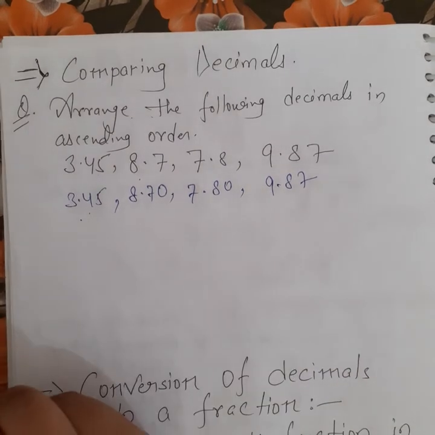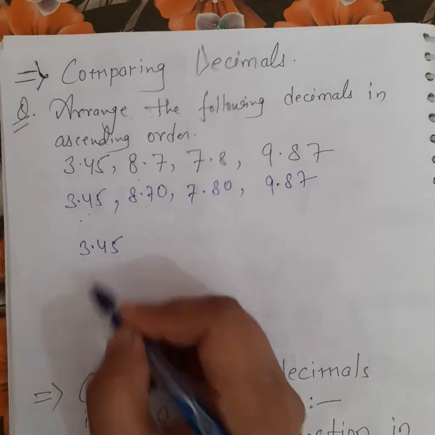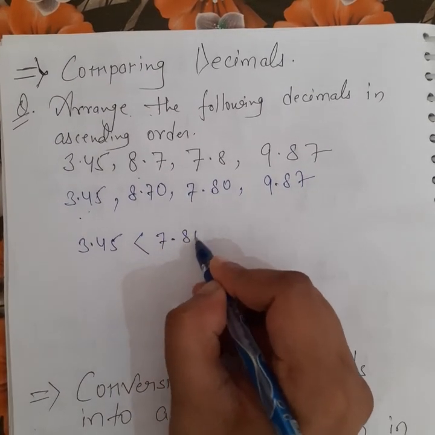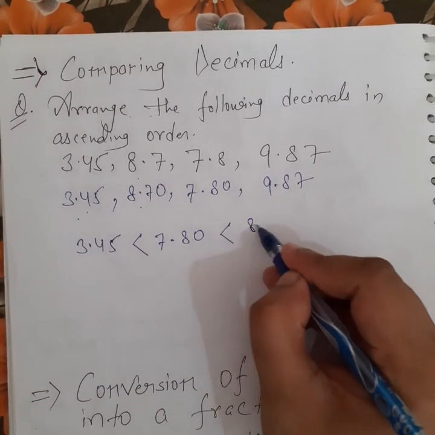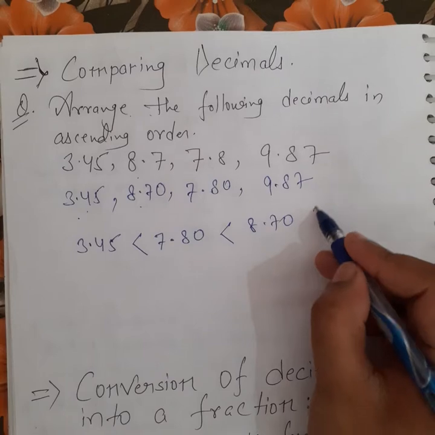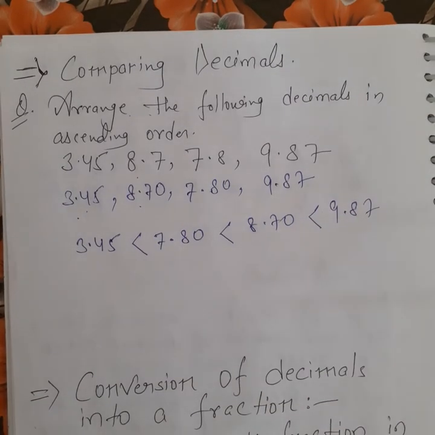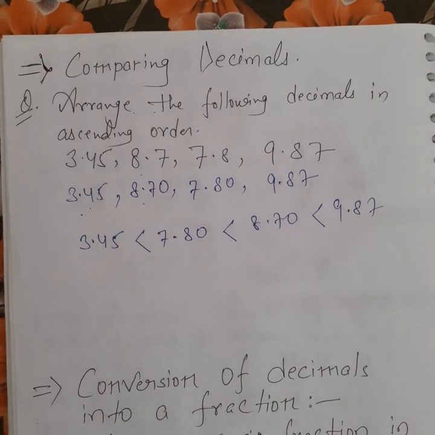First the smaller one, 3.45. The next is 7.80, then 8.70, and the next is 9.87. In this way we can arrange decimals in ascending order.